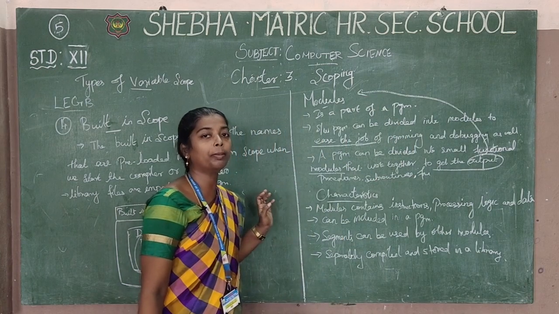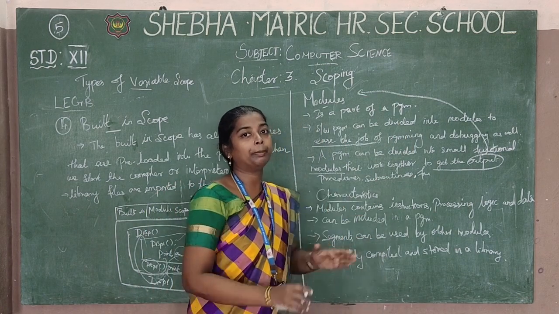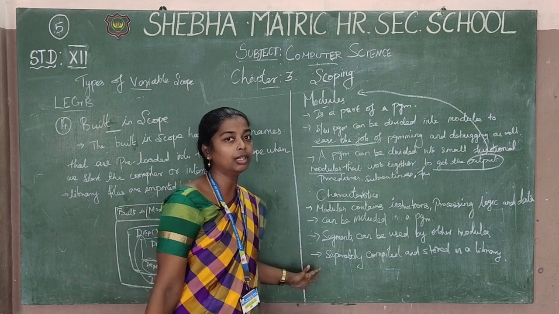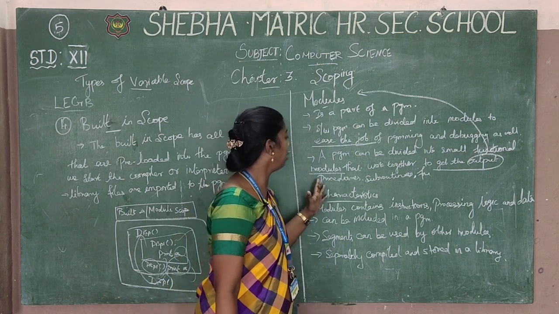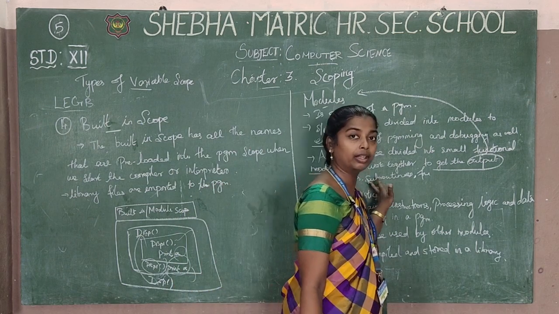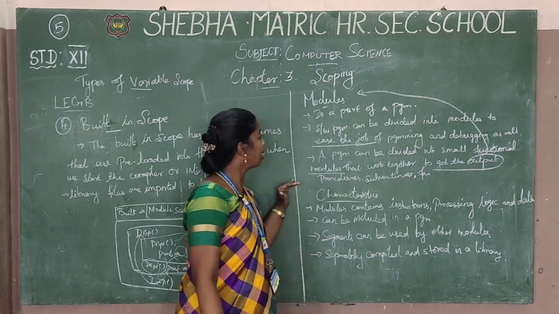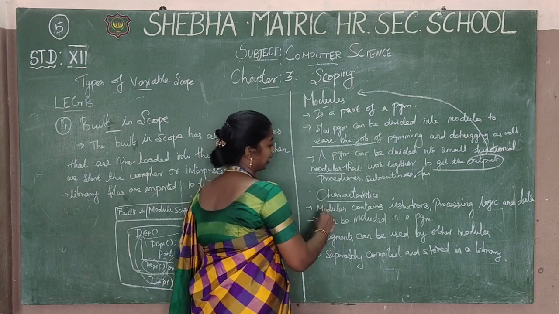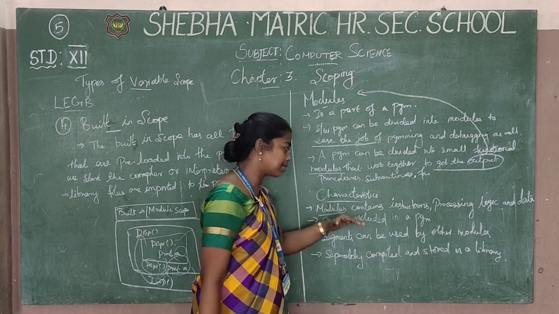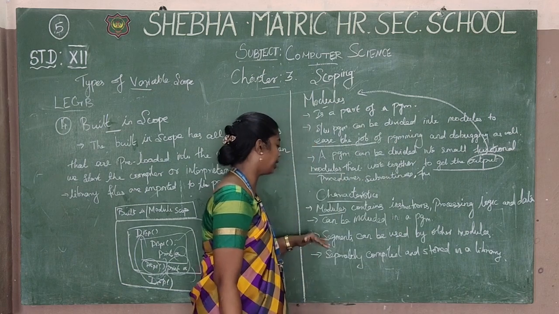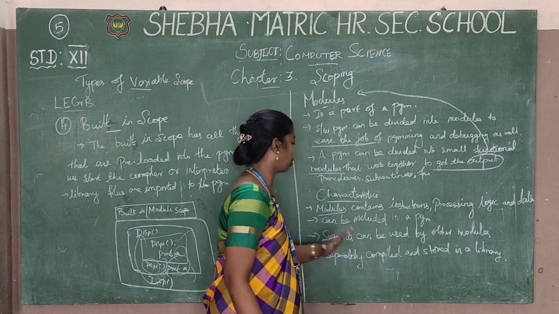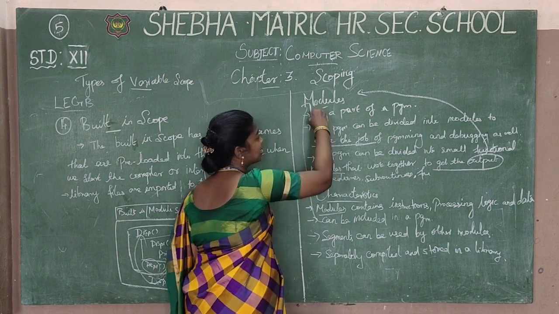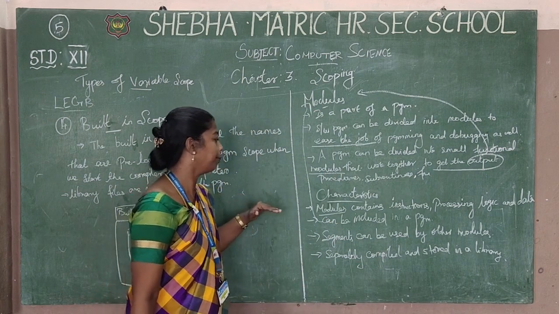A big program or any other program can be divided into small functional parts, so they are called modules. For example, procedures, subroutines and functions. Okay, clear? Some characteristics of modules: modules contain instructions, processing logic and data, and can be included in a program.